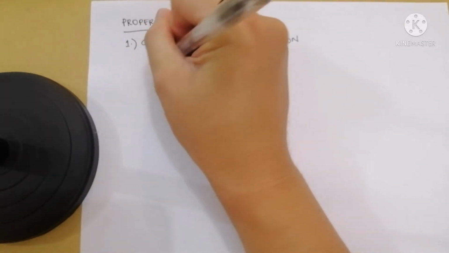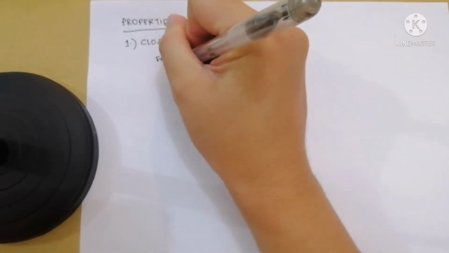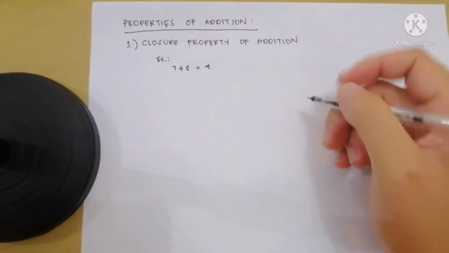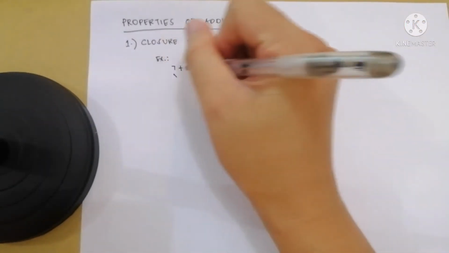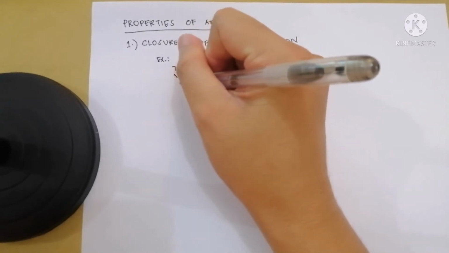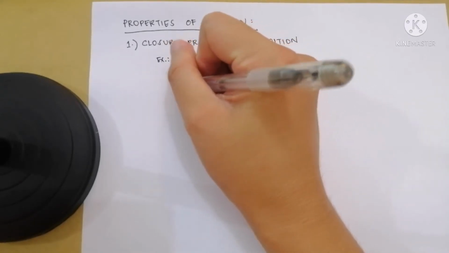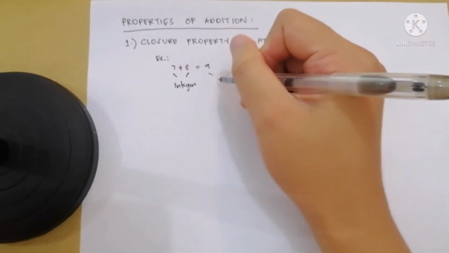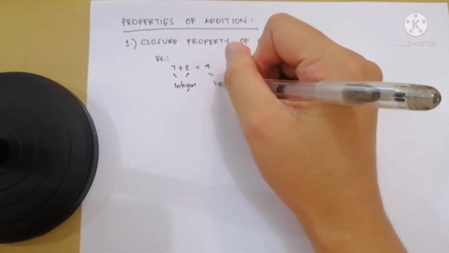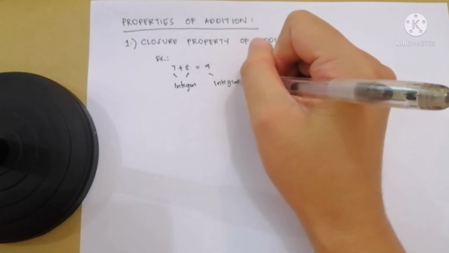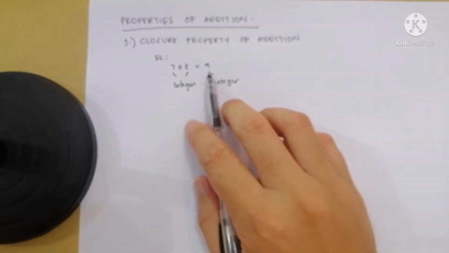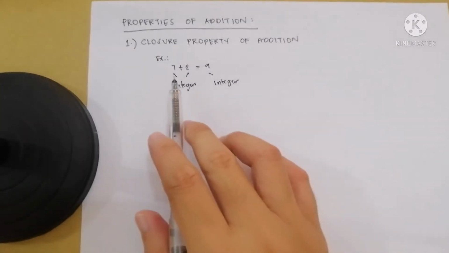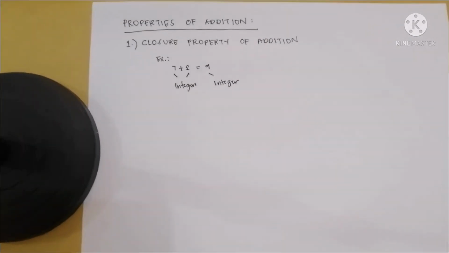Example, we have here 7 plus 2 is equal to 9. 7 and 2 are both integers, and 9 is also an integer. 9 is the sum of the two integers, 7 and 2.